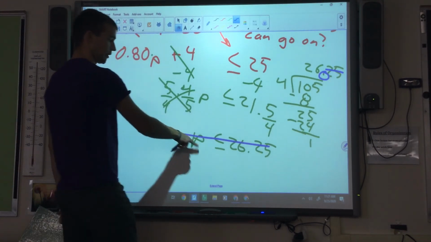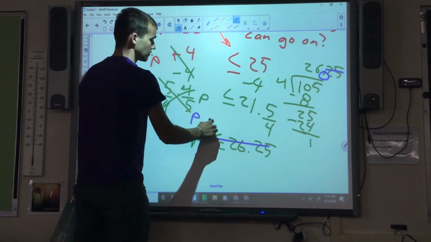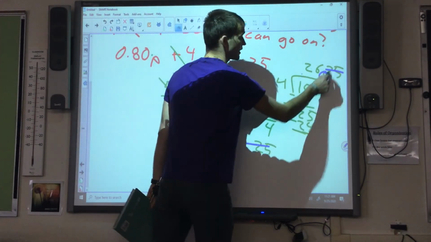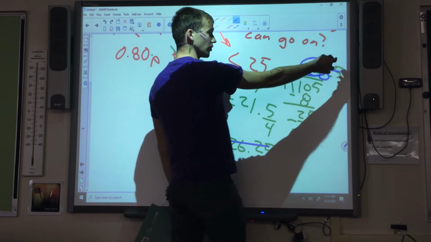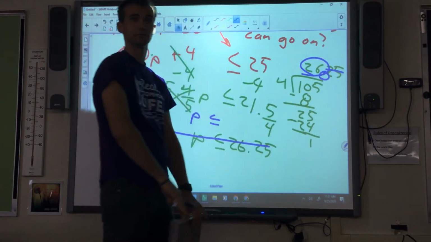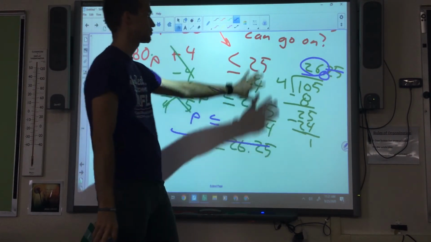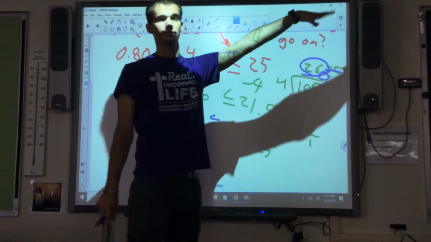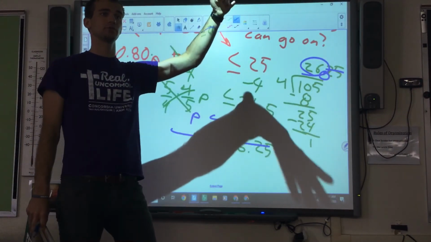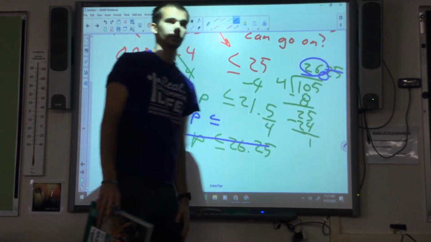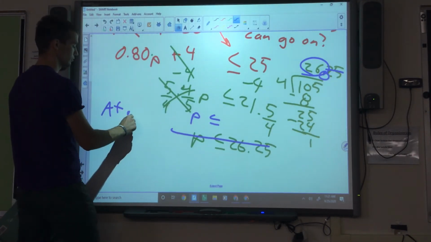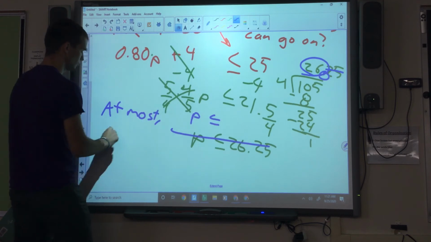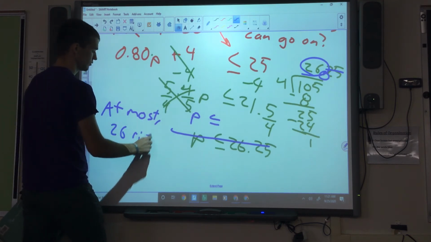As soon as I see it's 26 and some change, I'm done. There could be 1, 2, or 50 decimals there. I don't care, because as soon as I know it's 26 and some change, I can only max out at 26. I can't do whatever this extra stuff is, so I'm good when I can say at most 26 rides.